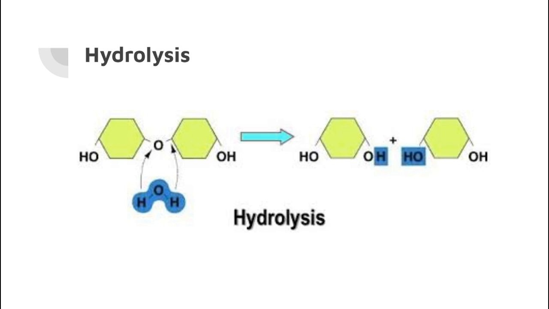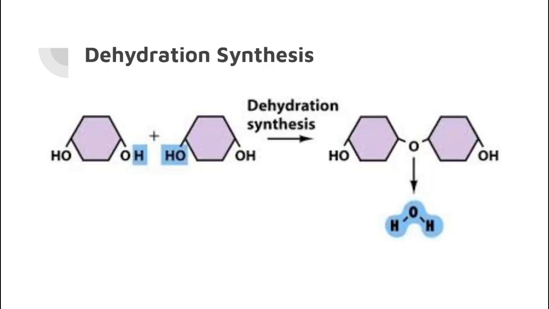So in hydrolysis, we add water to a molecule or compound, and this is going to break them apart. We add water in between a compound, and this is going to split them apart. And so if we have a polysaccharide and we were trying to break it apart, we would do this through hydrolysis.